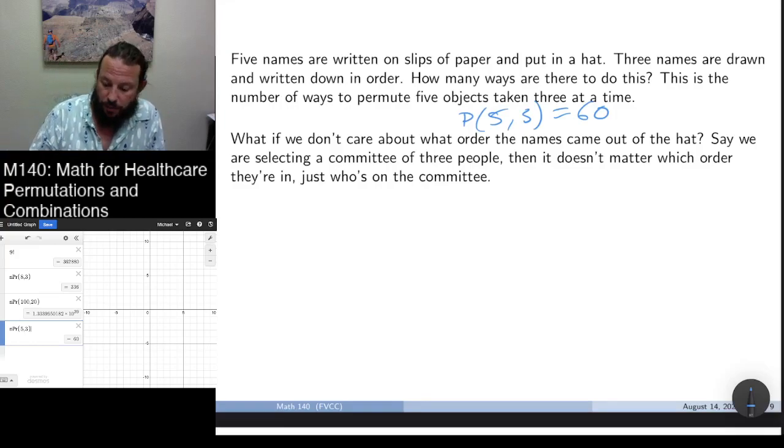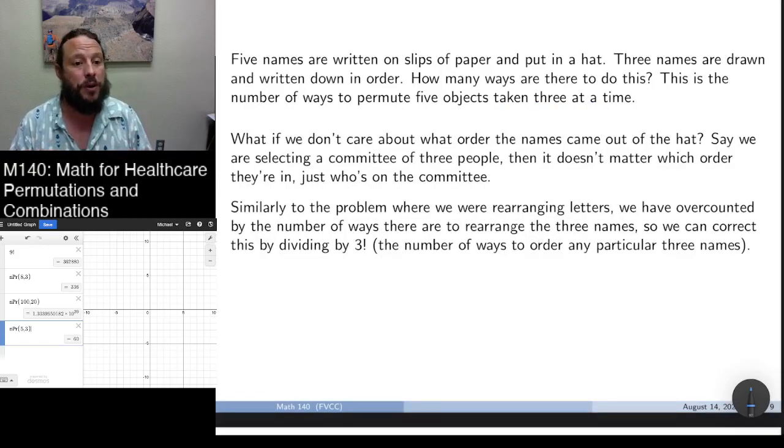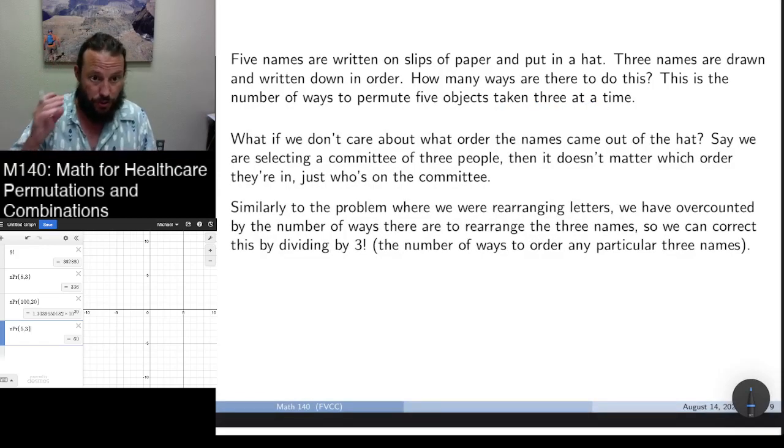Well, much like how we did the permutations with non-distinct items, like how many ways to arrange the letters of the word mama, we just got to divide out by all the orderings of the things that we don't choose. In this case, all the orderings of the 3 things that we do choose, right? So here we got to divide by 3 factorial, because that's how many ways to arrange 3 distinct items.